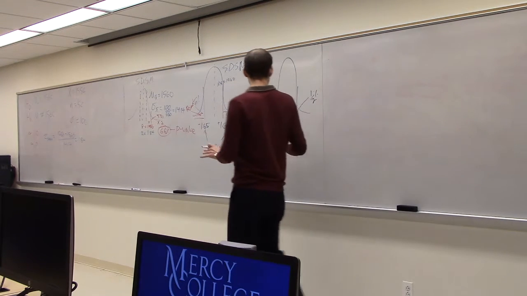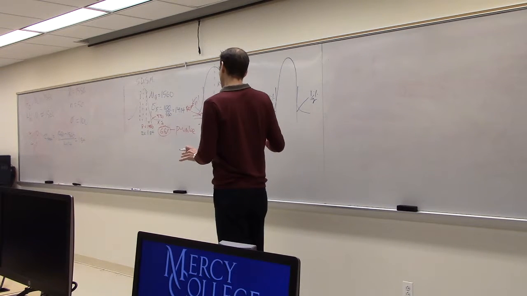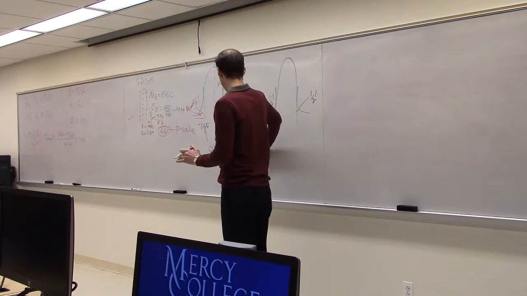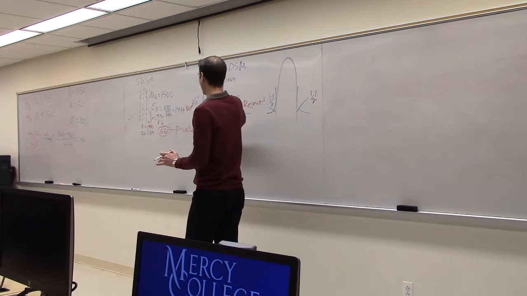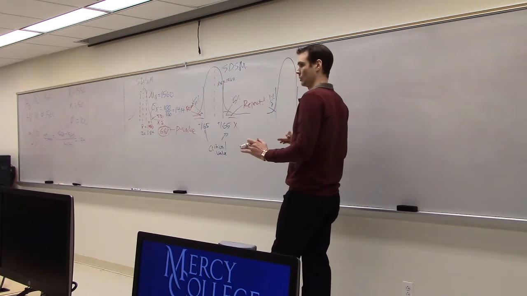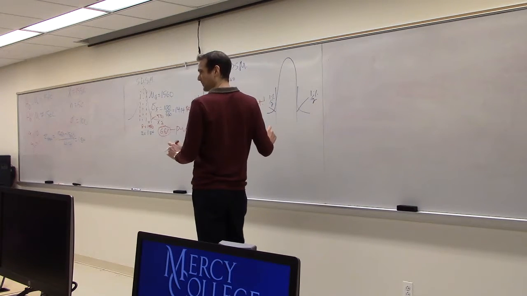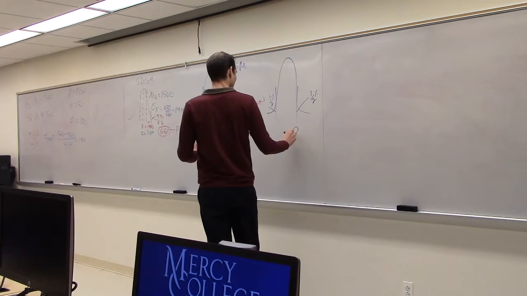0.005. I'll give you a hint, it's going to be a number higher than 1.96. 2.6. Are you just guessing? No, sorry. 2.6 is 0.9953, so I think that's closest.